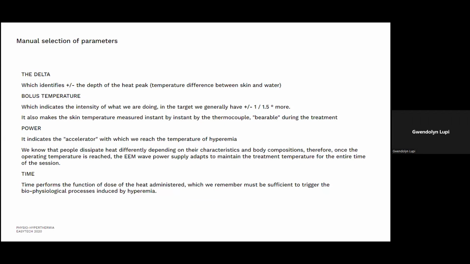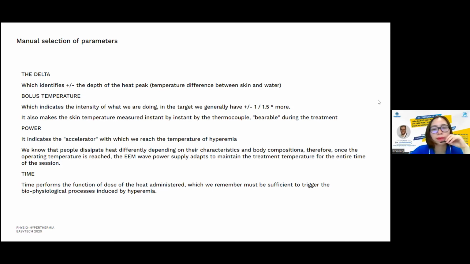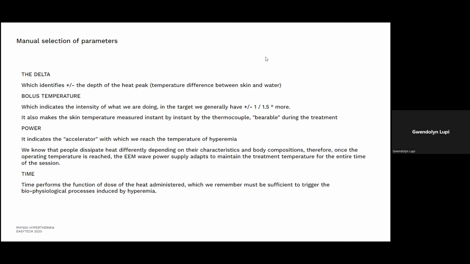At the time, we were able to put needles inside the body to detect how the heat propagated inside. From this experience, we developed an algorithm, a model. Based on the skin temperature, we know exactly what the temperature inside the body is. There is a model. This is important to explain to the doctors.